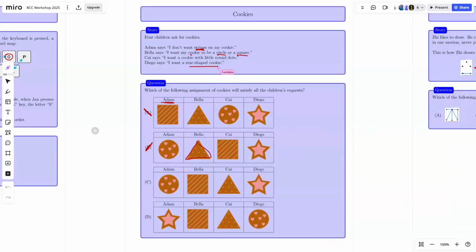And out of these two shapes of cookies, we see clearly D is a circle, not a star. So we can rule D out, and the answer is thus C. So we can see here we use the method called ruling out answer choices or eliminating answer choices. This is a very helpful method, not only for Beaver, but for many other contests in the future you can take.